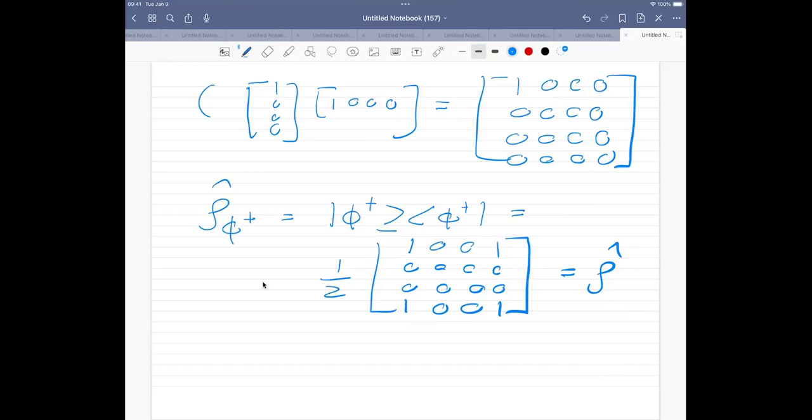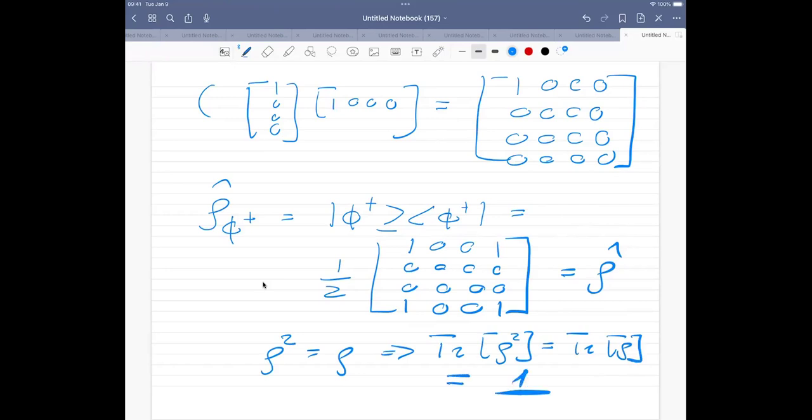So pay attention to one thing, and this is actually very interesting. Rho squared for a pure state is equal to rho. That means that the trace of rho squared is equal to the trace of rho, and you will see that that is equal to 1. If I take the trace here, I have 1 plus 1, 2, divided by 2 is 1.